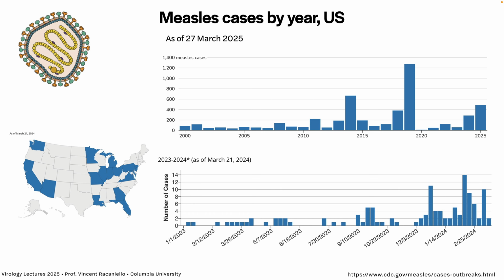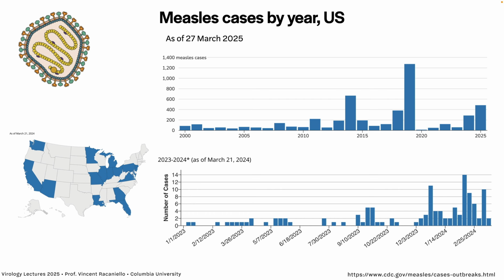It was a famous one in Disneyland in California, where parents brought their kids, all of them who weren't vaccinating their kids. So there was an outbreak there. This one is an outbreak in Brooklyn. And now this is the Texas outbreak in 2025. And this, on the bottom here, is 2023. So that's 2000 through 2025.